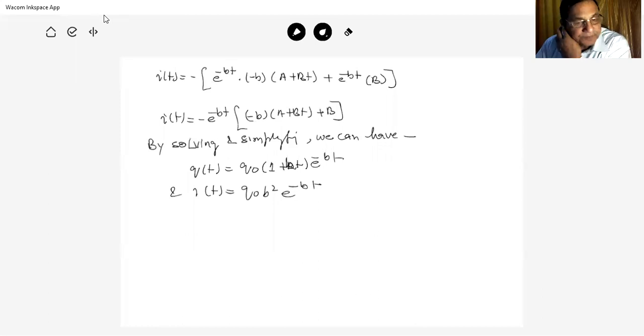So rate of change में, di over dt करें, di over dt में क्या होगा?